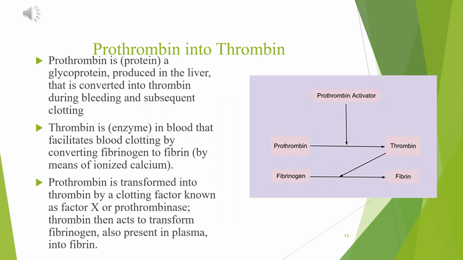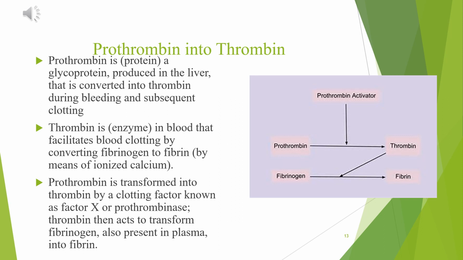So let's review prothrombin and thrombin. Prothrombin is a protein produced in the liver, and it is converted into thrombin during bleeding and any subsequent clotting. Thrombin is an enzyme in the blood that facilitates blood clotting by converting fibrinogen to fibrin.